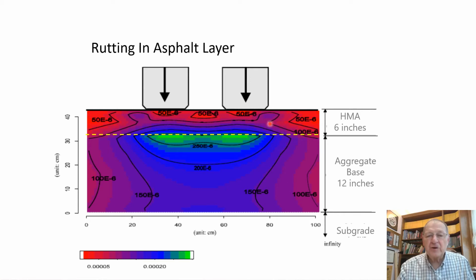And the thing that you'll notice here is this edge here. And this is about 2 inches down along the edge of the tire. That's the point of maximum shear force. And it's a shear force that's going out at a 45-degree angle. The tire is coming down and trying to push that mix upwards and outwards.